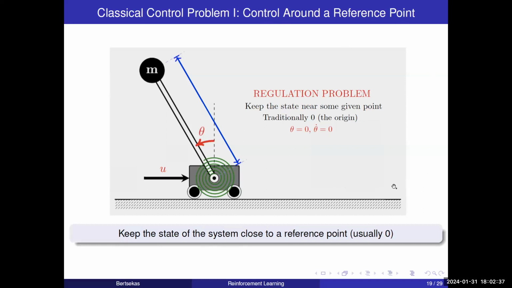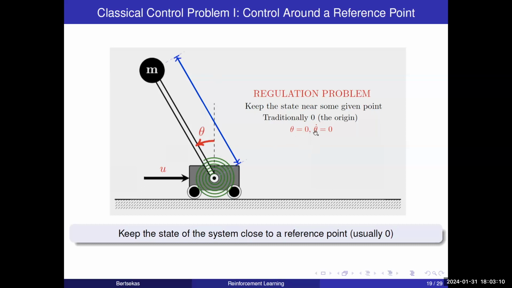This is a picture of a regulation problem where we want to keep the state of a system close to zero in this particular case. Theta is the angle of a rod with a mass at the end, the angle from the vertical, and theta dot is the rate of change, the derivative of theta.